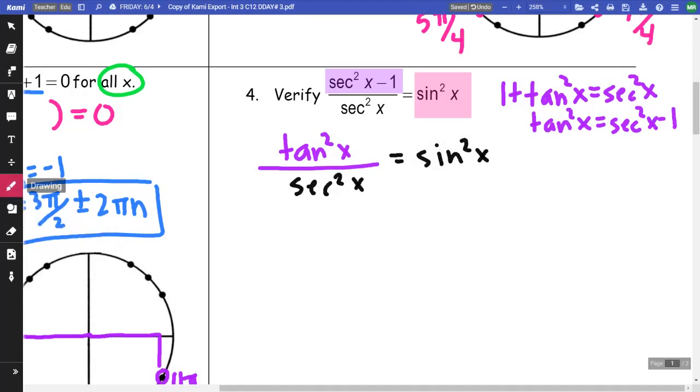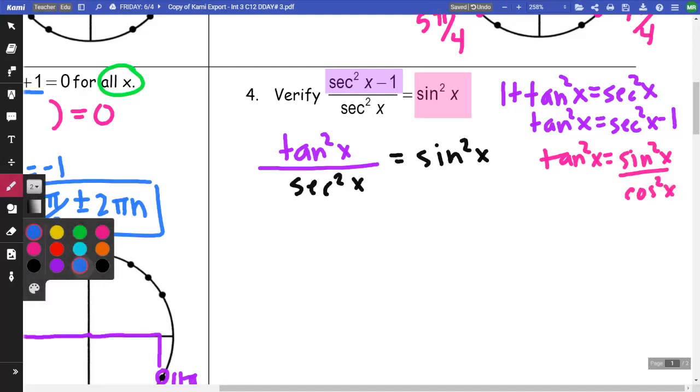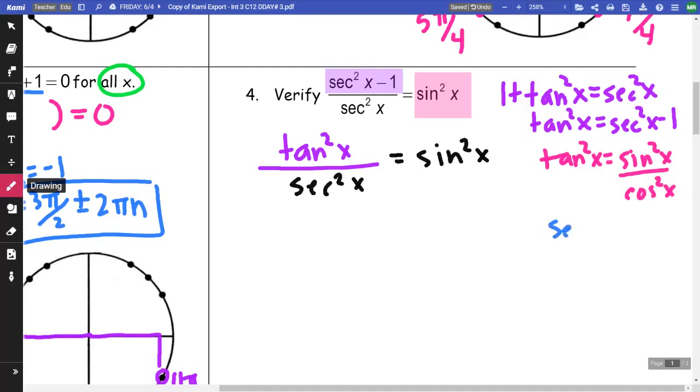Now I'm going to rewrite my tangent squared x and my secant squared x in terms of what they are. Just a little reminder here: tangent squared x would be sine squared x over cosine squared x, and my secant squared x is 1 over cosine squared x.